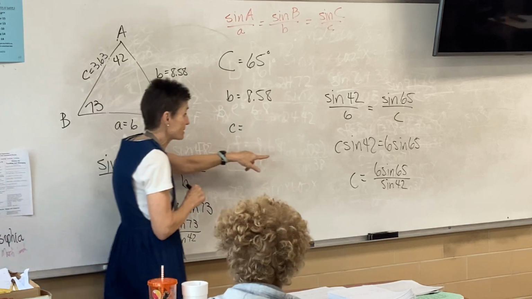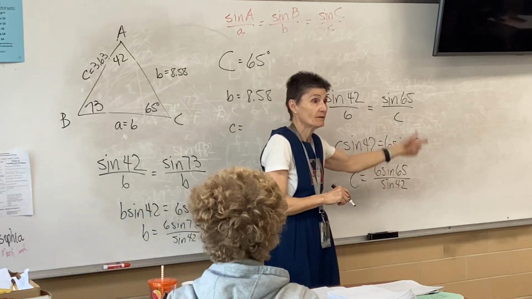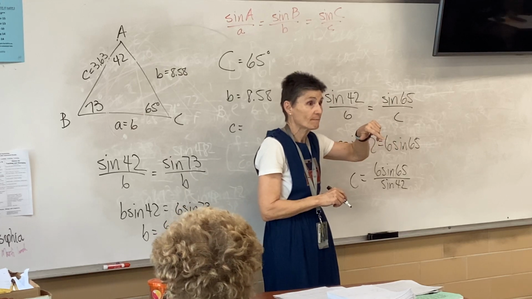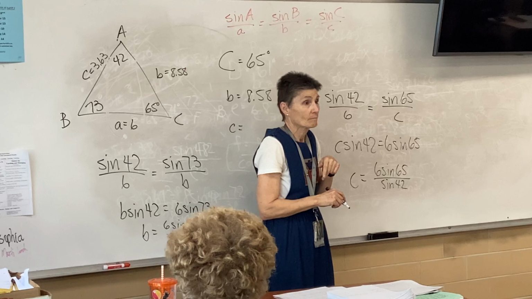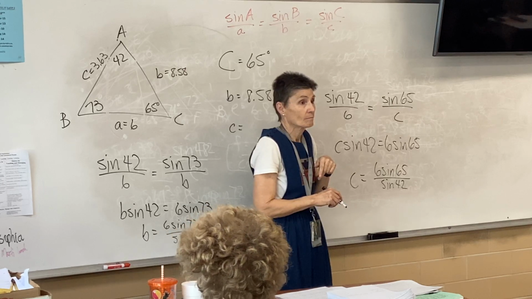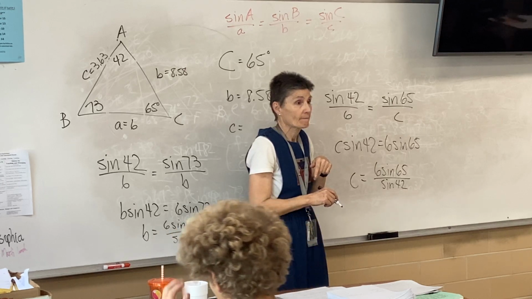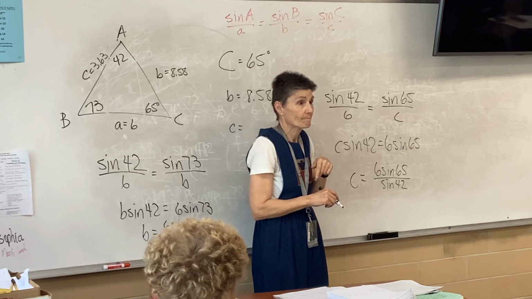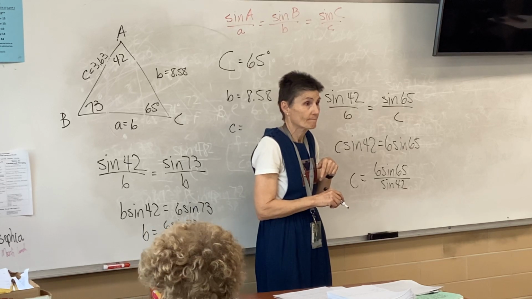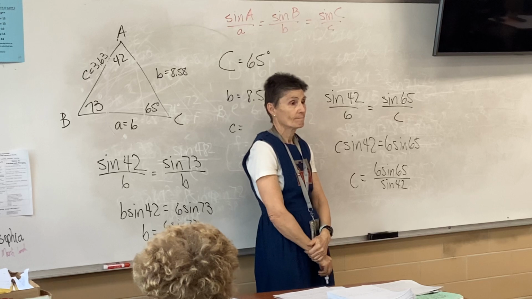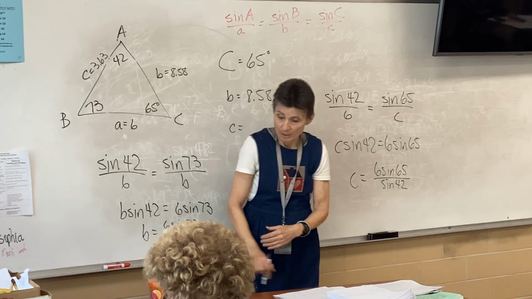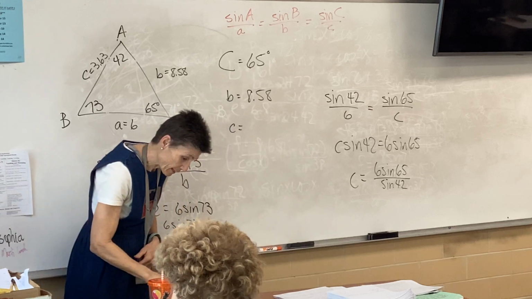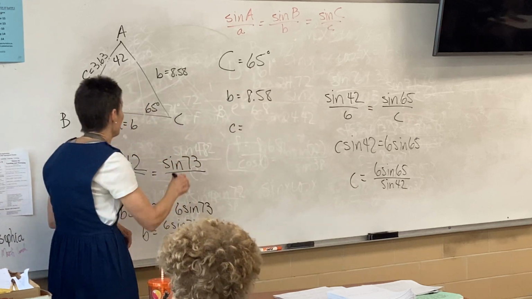So you're typing in 6 sine 65, close parentheses, divided by sine 42. I got 8.13, yep, 8.13.